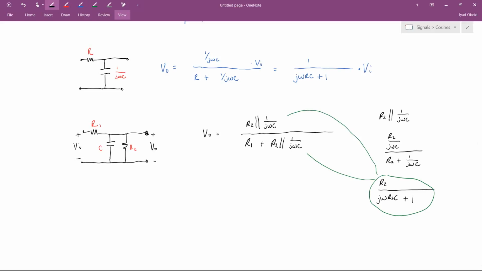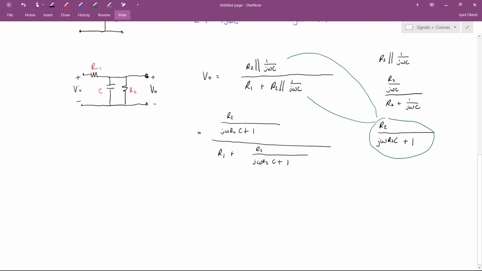And then that expression I can substitute in now for both of these terms, which is going to be a little bit ugly, but I think if I do my math right, I can't do this without an intermediate step. So again, the numerator is going to be R2 over j omega R2 c plus 1, all over R1 plus R2 over j omega R2 c plus 1.